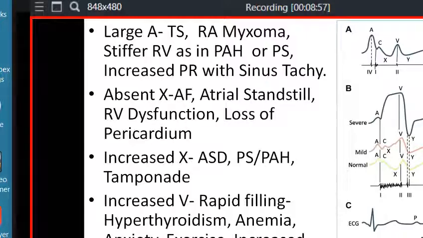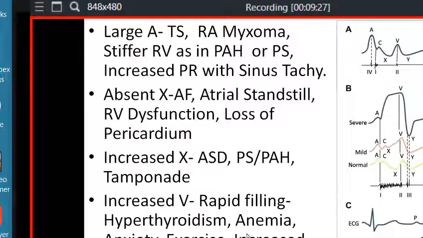Or when you get more filling from the other chamber, like in ASD or anomalous pulmonary venous connection, or when there is a PFO and severe MR, when the left atrial blood is coming into the right, then also you get it. And also very characteristically, you get it in heart failure and in constrictive pericarditis, whenever there is a decreased X. So if there is a decreased X descent, like in heart failure, then naturally the V wave will become bigger.